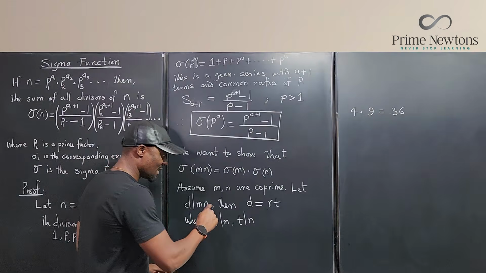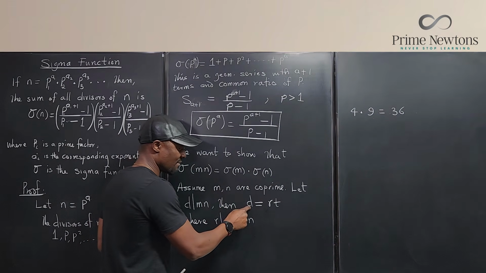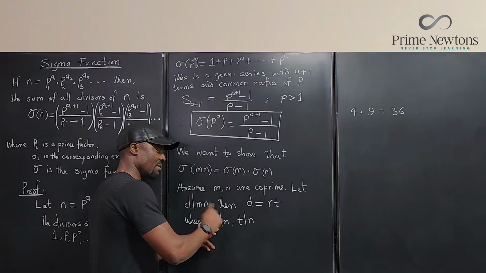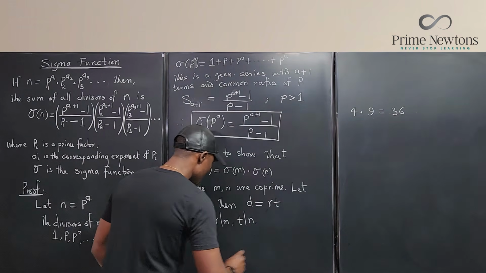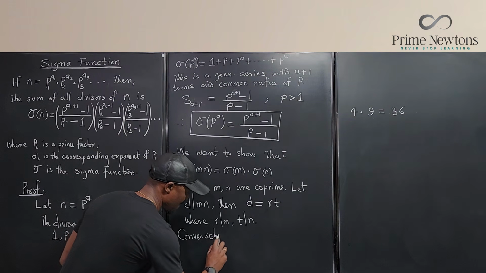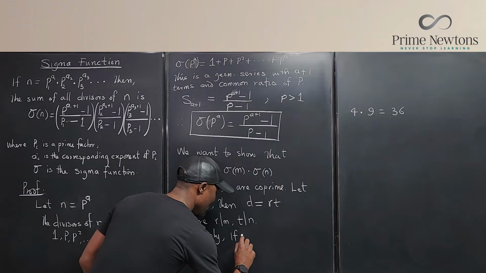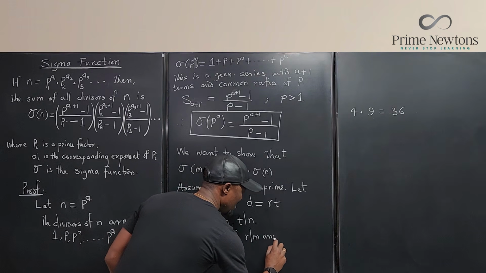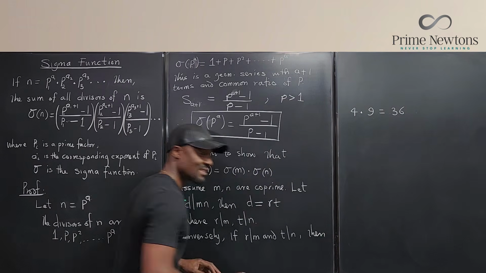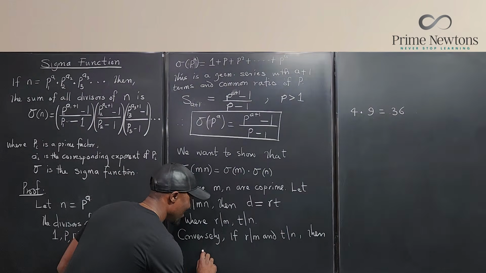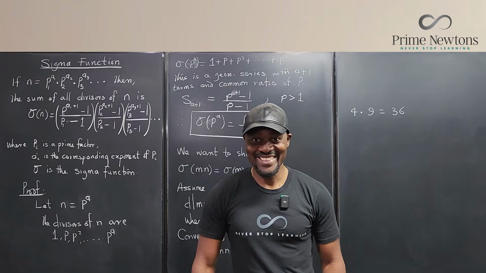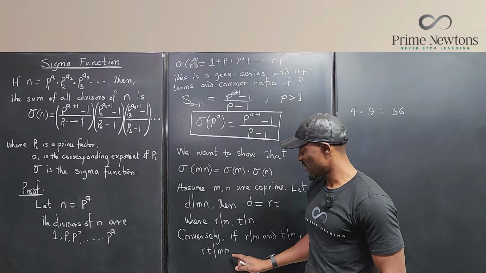As you see, every time you pick a divisor of MN, that divisor can be written as a product RT, where R divides M and T divides N. Conversely, if R divides M and T divides N, then this is a fact of arithmetic that RT divides MN. Okay, I like this fact. This is a beautiful one that we use more often.